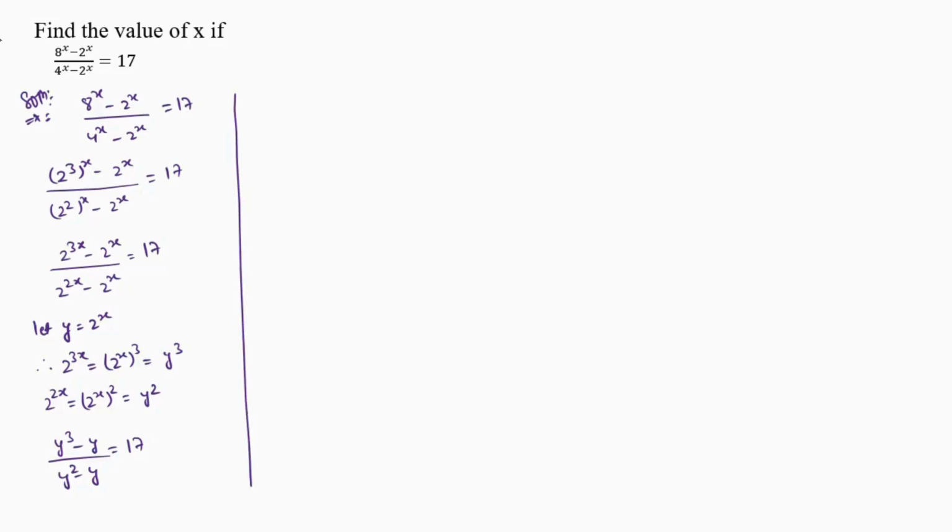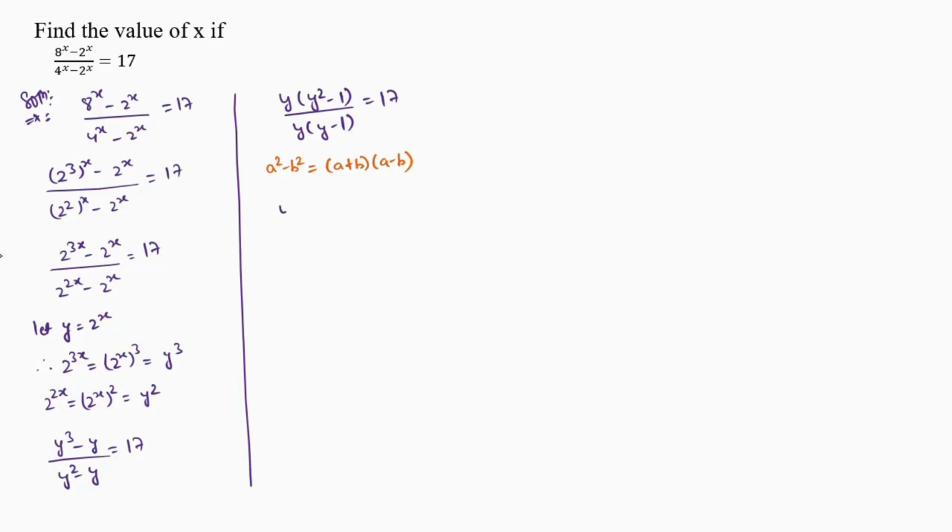Now take y common from the numerator and denominator. We get y(y^2 - 1) / y(y - 1) = 17. Also, we know a^2 - b^2 can be written as (a + b)(a - b).